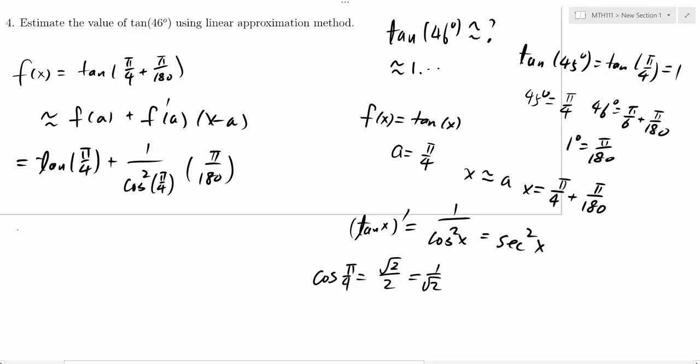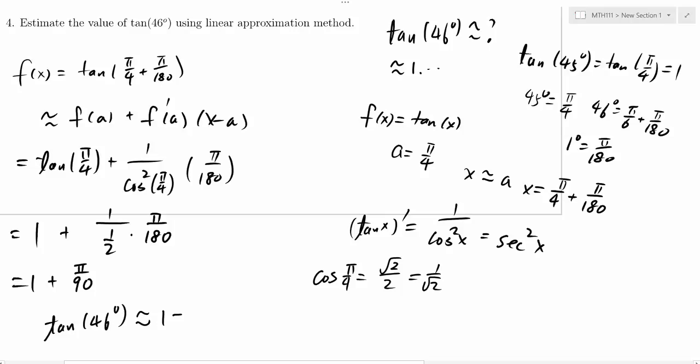Then we have 1 plus 1 over this square, which is 1/2, times pi over 180. So this is 1 plus pi over 90. And that's the approximate value. So tangent 46 degrees is approximately 1 plus pi over 90.